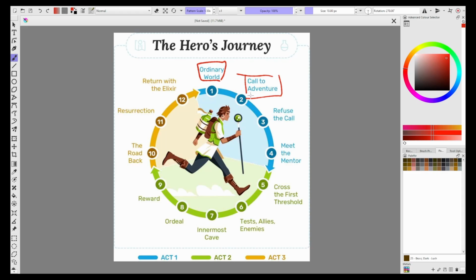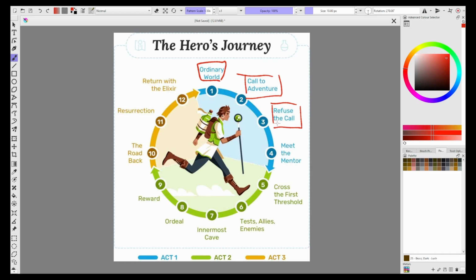However, in the hero's journey, the next step is very specific. Usually, if it was just a general 3-act structure, your character will sort of be hesitant or not really want to answer this call, for example, or they might not even actually understand it yet. However, in the hero's journey, it is specifically referred to as refuse the call.